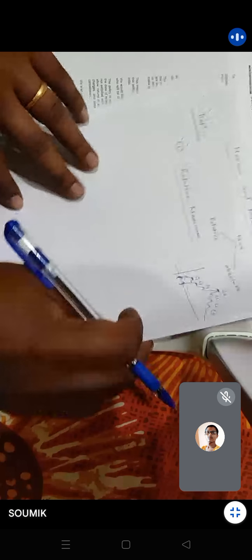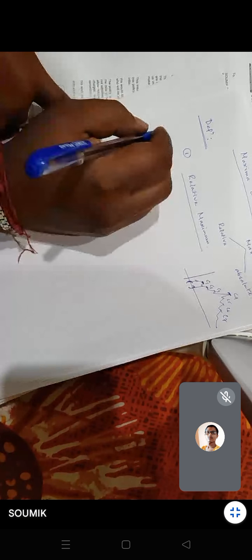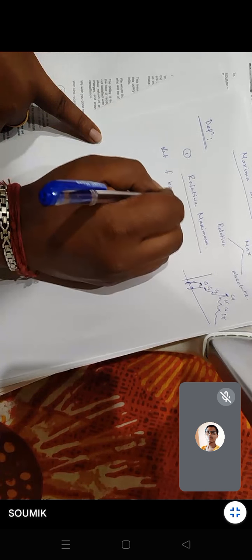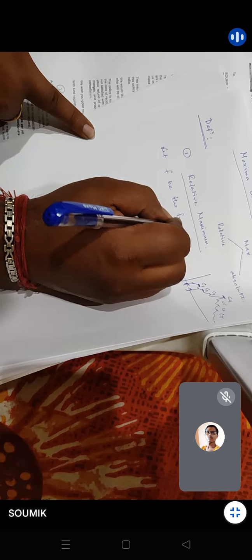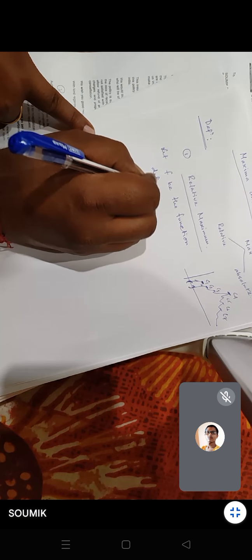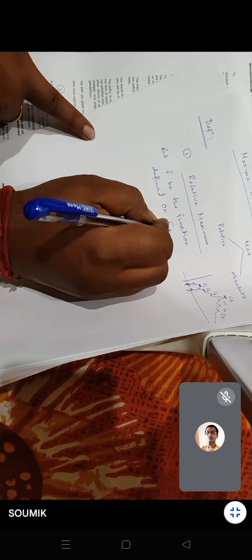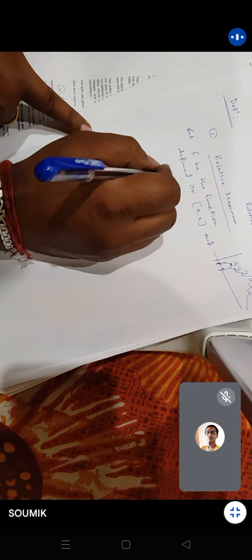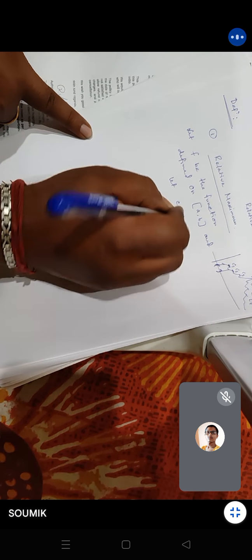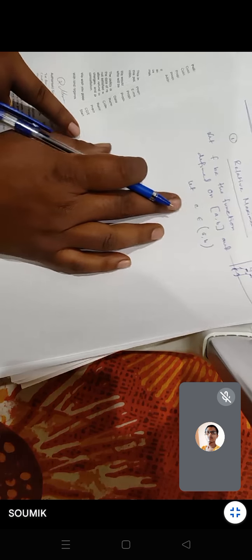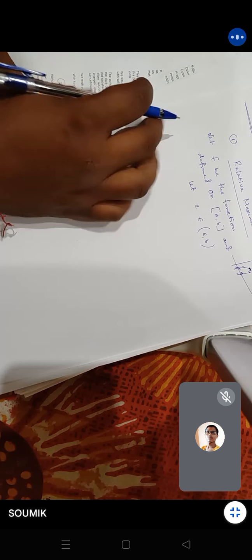So the first one, the definition of relative maximum: let f be a function defined on the closed interval [a, b], and let C be any point belonging to the open interval (a, b).